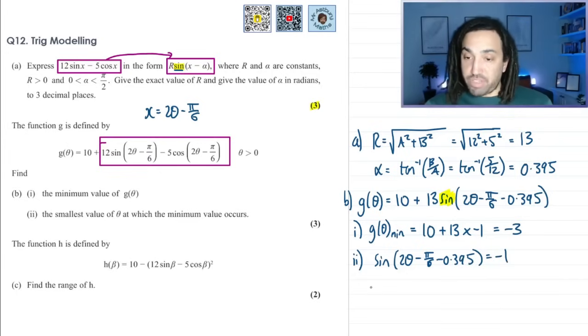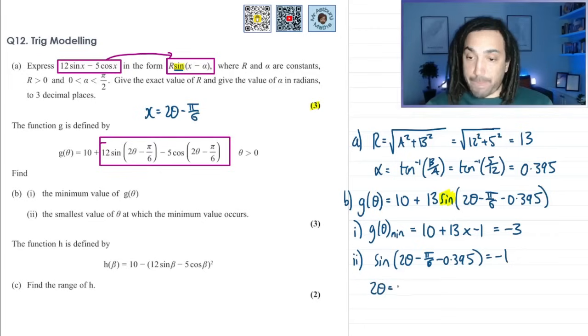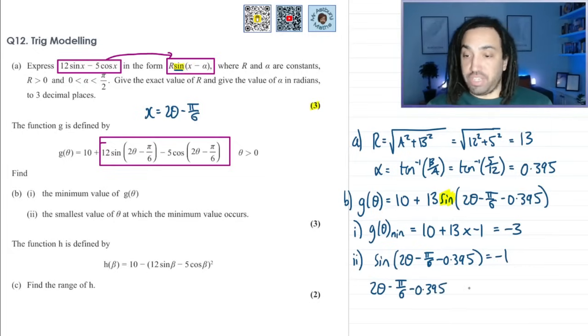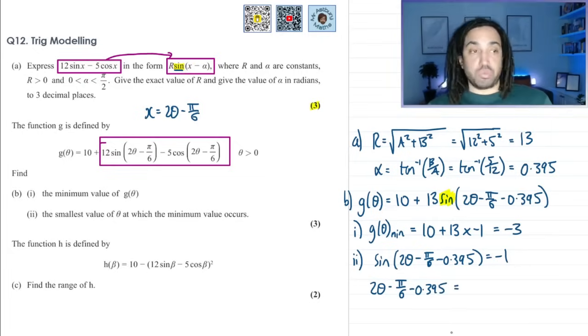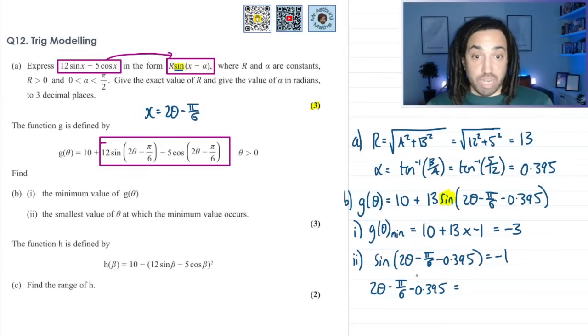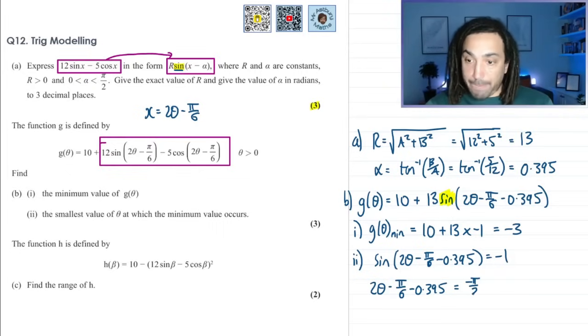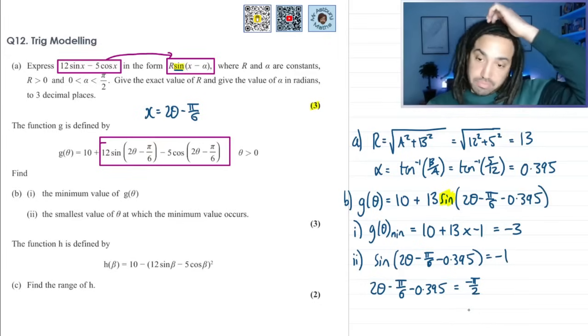So taking inverse sine of both sides, it's going to get rid of the sine part here, and it's just going to leave me with the input, which is this horrible nasty thing. And sine to the minus 1 of minus 1 is, in radians, yes, we're in radians here, minus pi over 2. So you can do that on the calculator.